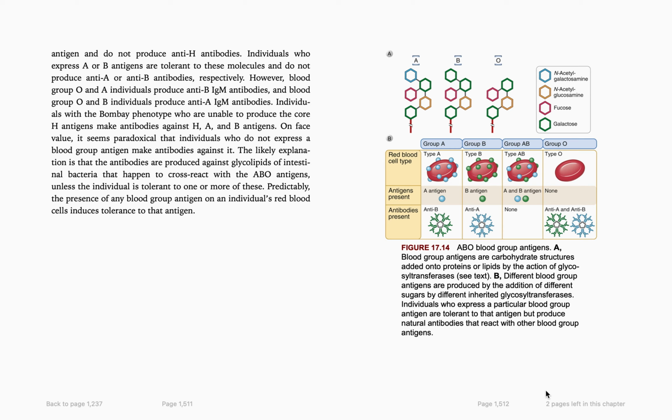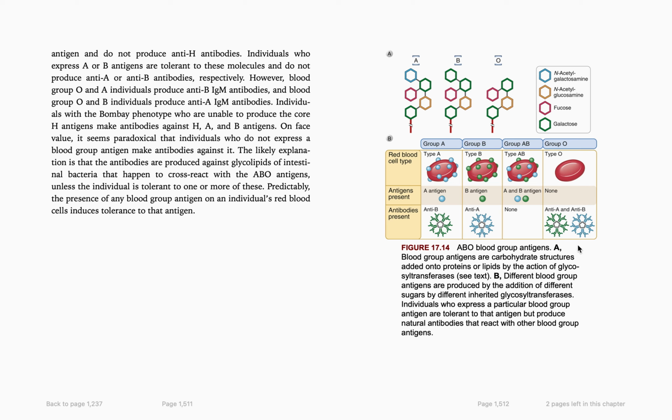The likely explanation is that antibodies are produced against glycolipid of intestinal bacteria that happen to cross-react with ABO antigens unless the individual is tolerant to one or more of these. Predictably, the presence of any blood group antigen on an individual's red blood cell induces tolerance to that antigen.